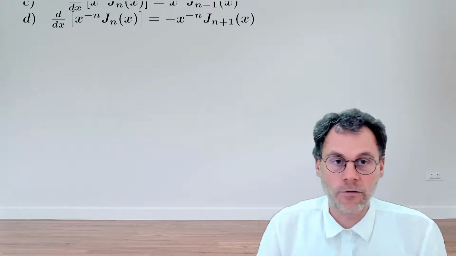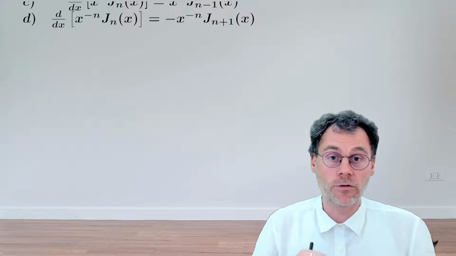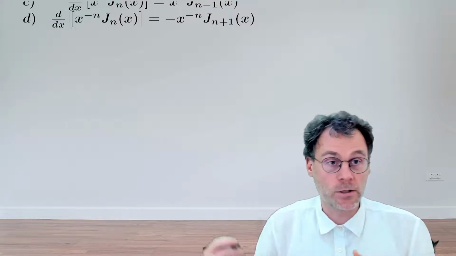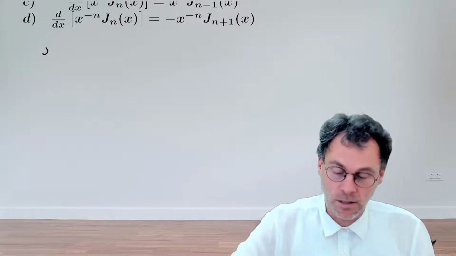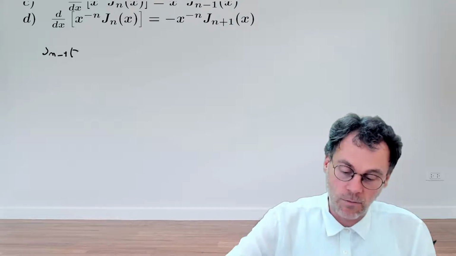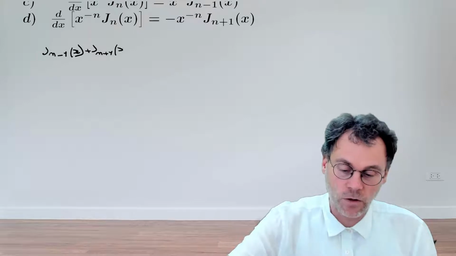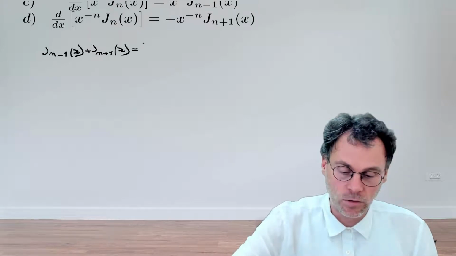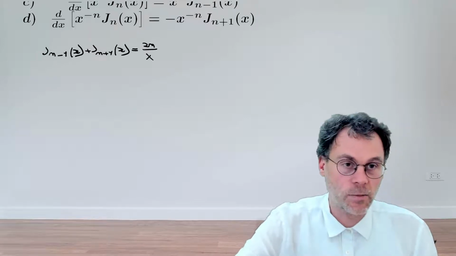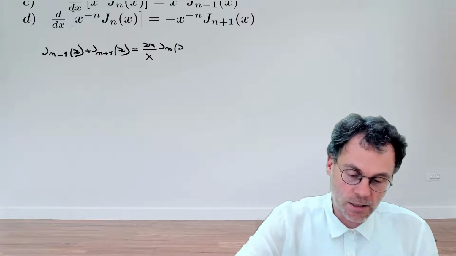Well, we have seen that if we take the derivative of the generating function with respect to t, we can write down that J_{n-1}(x) + J_{n+1}(x) is equal to 2n divided by x J_n(x).